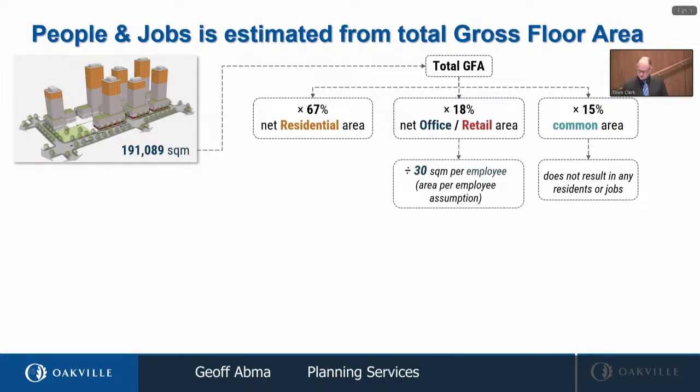In terms of the office retail area, we've applied an assumption of about 30 square meters per employee. I will say that this is smaller than historically some of the numbers have shown, like say in the DC background study, which have numbers that are saying existing space in certain uses, say for example 37 square meters.